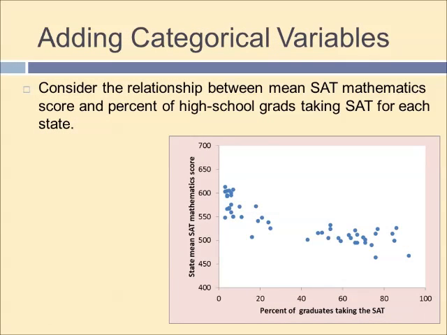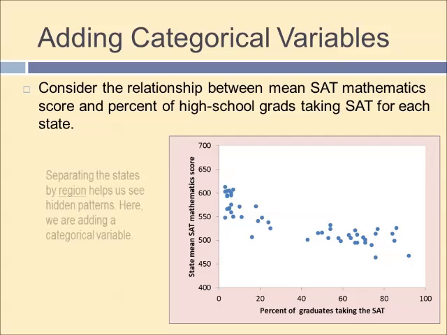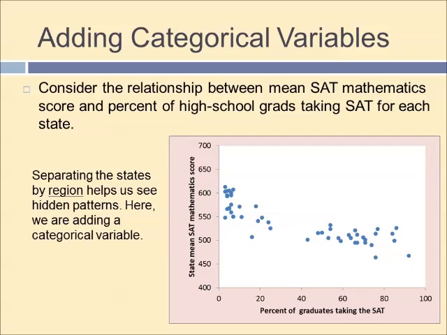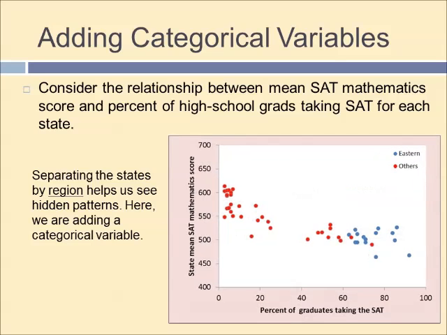Now, consider the relationship between mean SAT mathematics scores and percent of high school graduates taking the SAT for that state, for each state. Here we have a nice little scatter plot. If we separate the states by region, we might be able to see a hidden pattern. So here we are adding a categorical variable, namely the region.